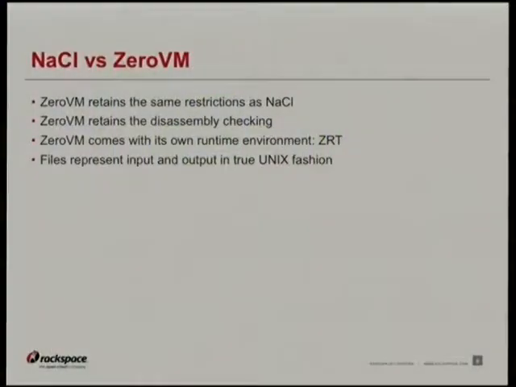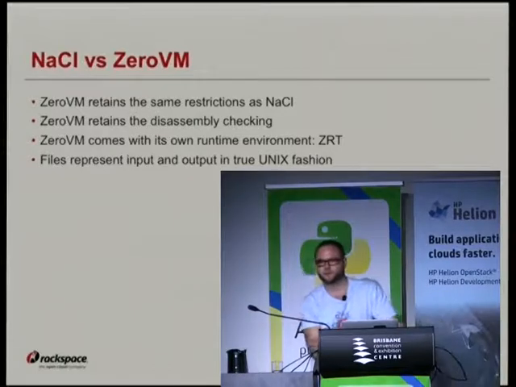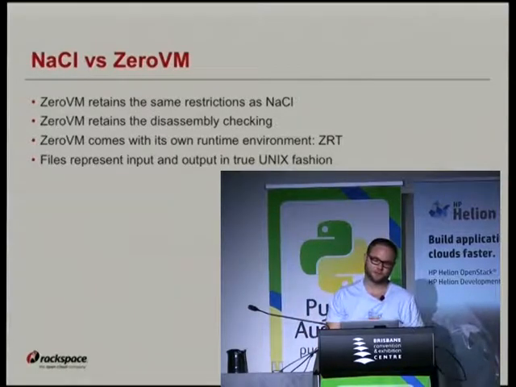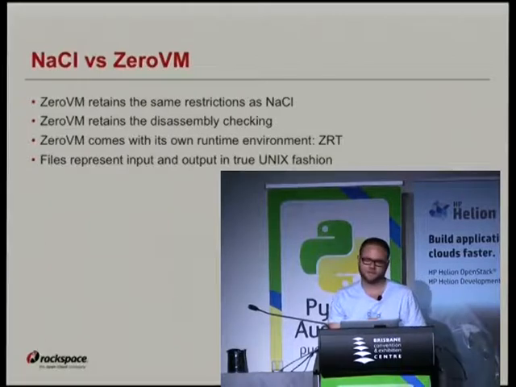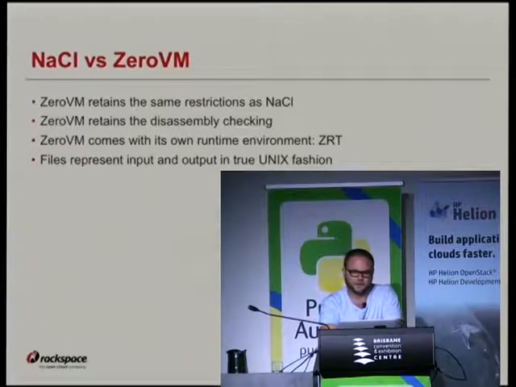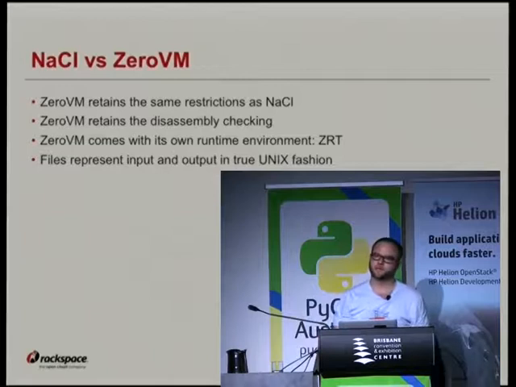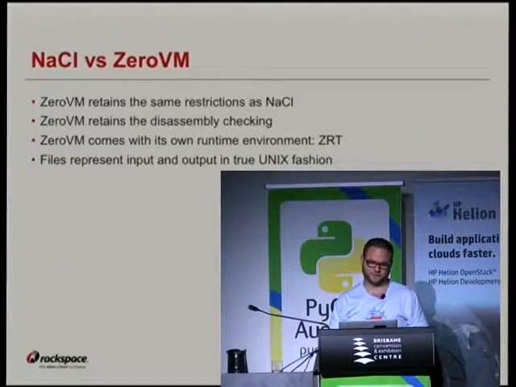At some of the previous talks they did in the US around this, a lot of people questioned the differences between Chromium, the NaCl, the native client, and ZeroVM. We've touched on a few, but I'd like to expand on that a little more. It retains the same restrictions as NaCl, and I have a slide about this later on.